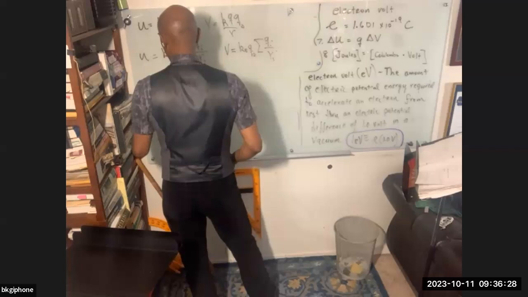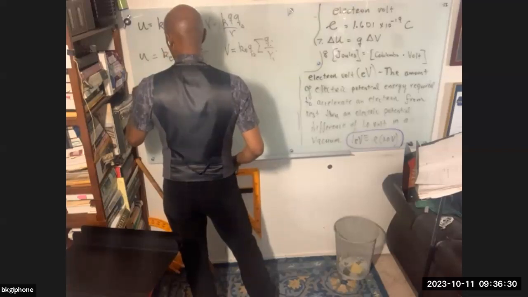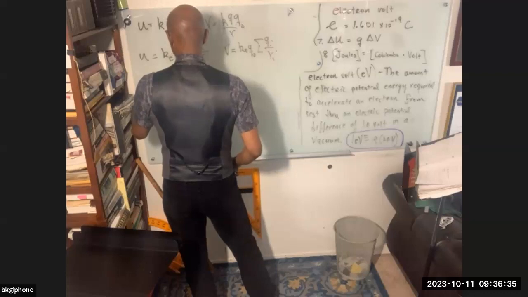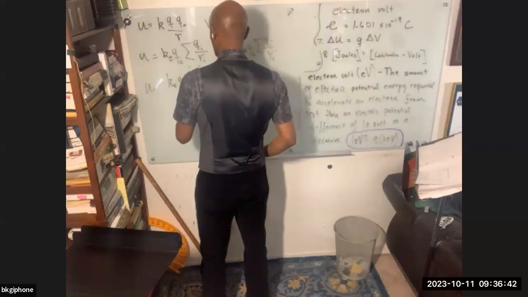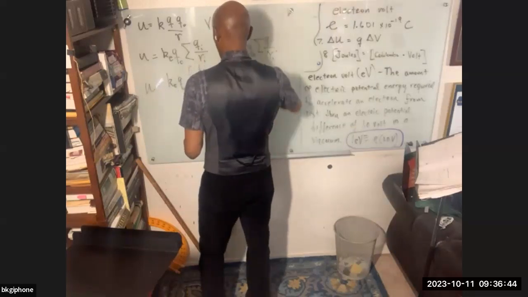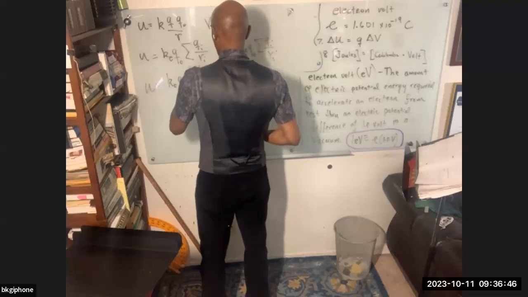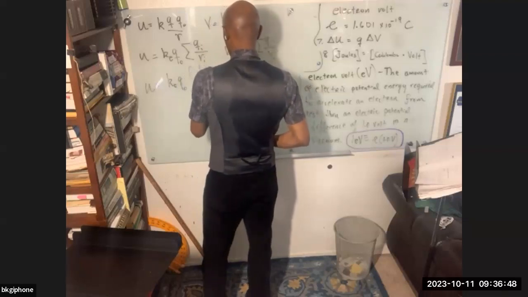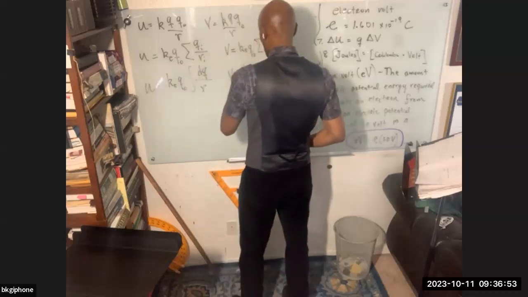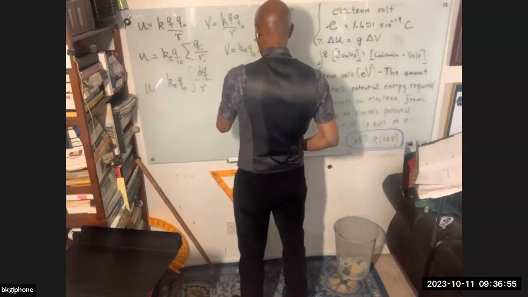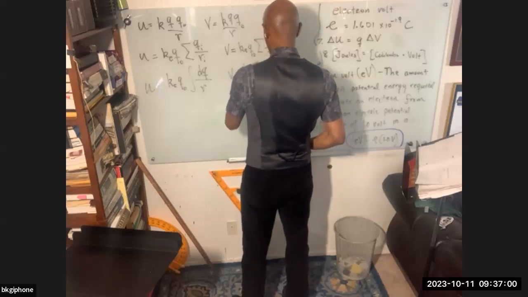And then for a continuous charge distribution, the potential energy is going to be equal to K times Q naught times the integral of the differential charge element associated with that continuous charge distribution over R, where R is a variable. So these things are just defined to be so. There's nothing that we actually derive to get to them. This is what I was trying to do for a point charge, and that's not the way it's done.